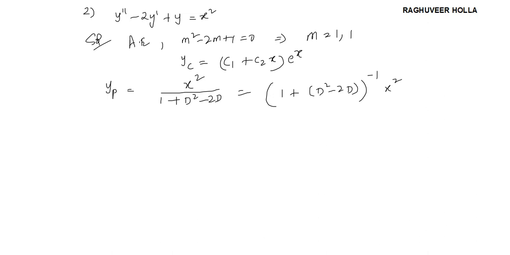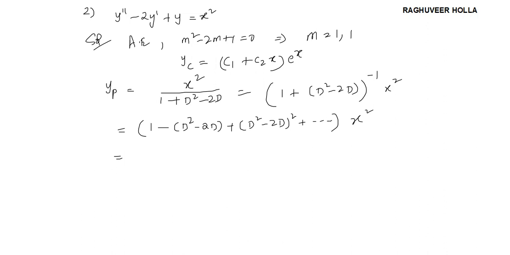Let us expand this. So I get 1 minus (D square minus 2D), fine. Now the next term would be plus (D square minus 2D) whole square, and so on. I would not be using the other terms since the differentiation becomes 0. So let us continue further.